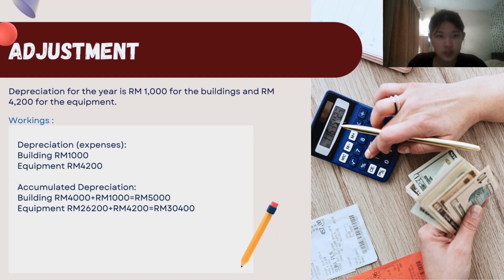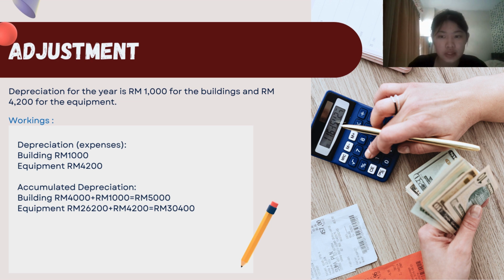The first adjustment is depreciation. In the trial balance, we can note that the accumulated depreciation for the buildings is 4,000 ringgit and the accumulated depreciation for the equipment is 26,200 ringgit. The additional information gives that there is extra depreciation that is 1,000 ringgit for the buildings and 4,200 ringgit for the equipment.